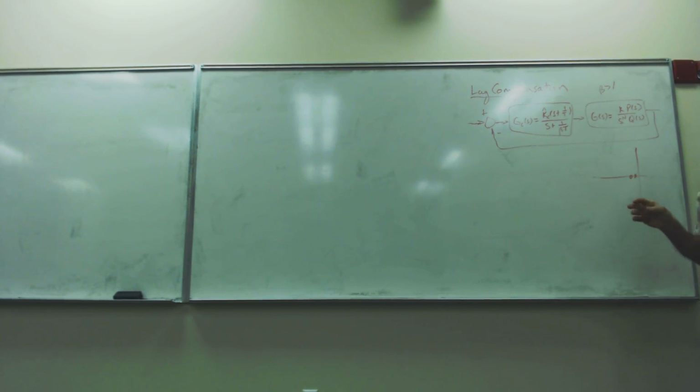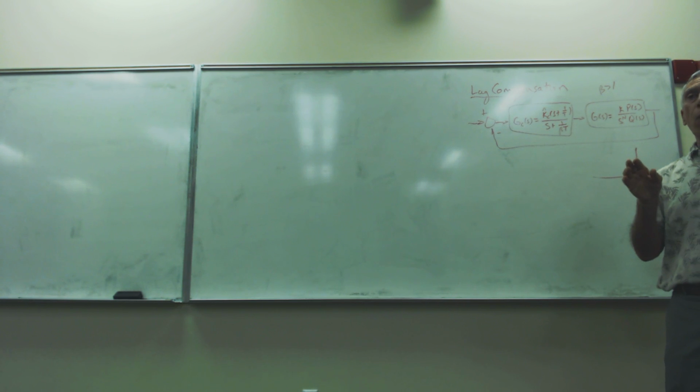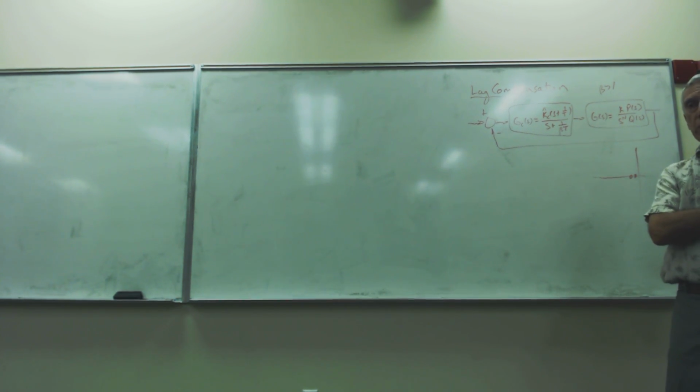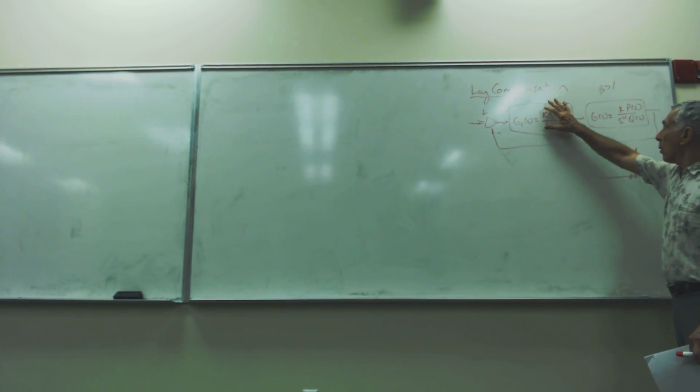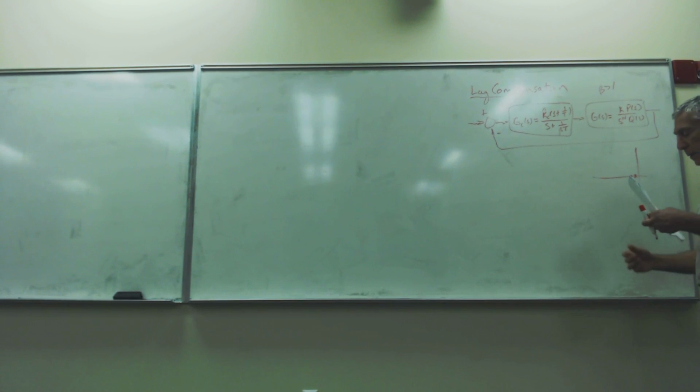So what that means is that the root locus in the region of the dominant pole will look much the same as that of the system with only the G of s in the forward path.